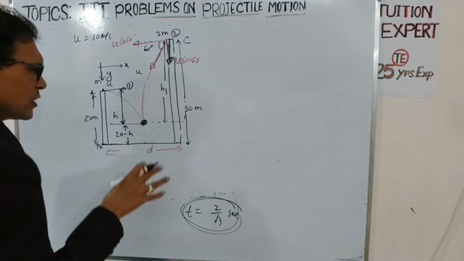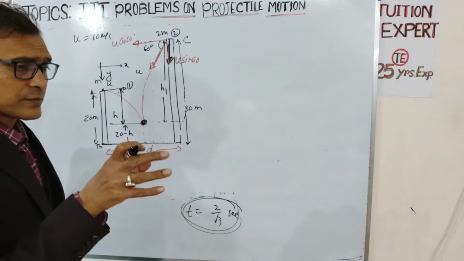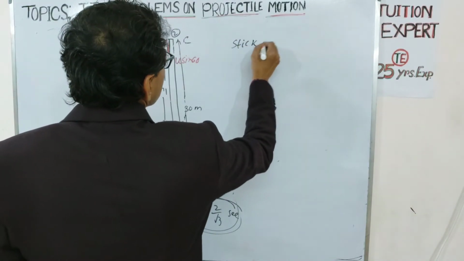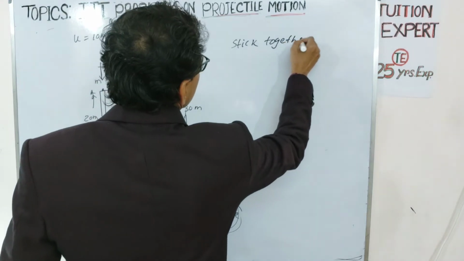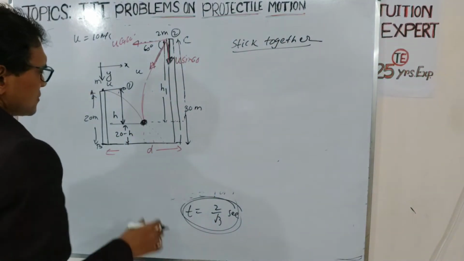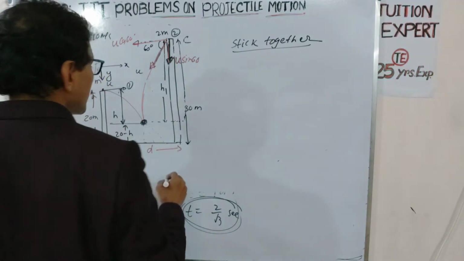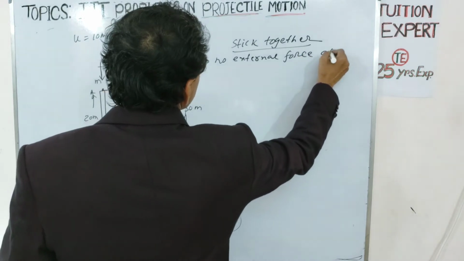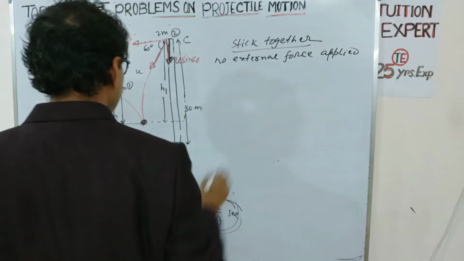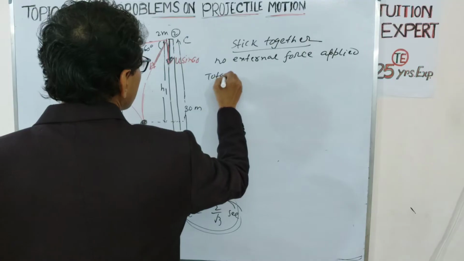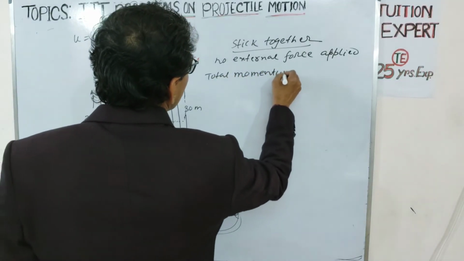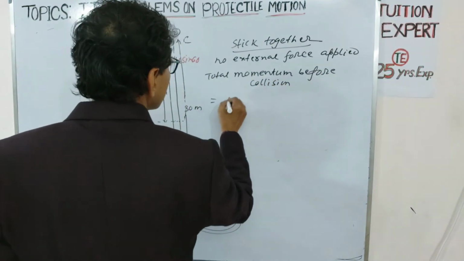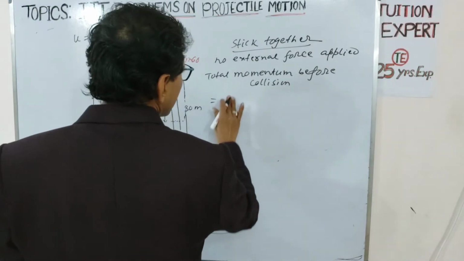When two bodies collide and stick together, then we have to consider the momentum together. Considering the conservation of momentum, no external force is applied, so we can conserve momentum. Total momentum before collision equals total momentum after collision.